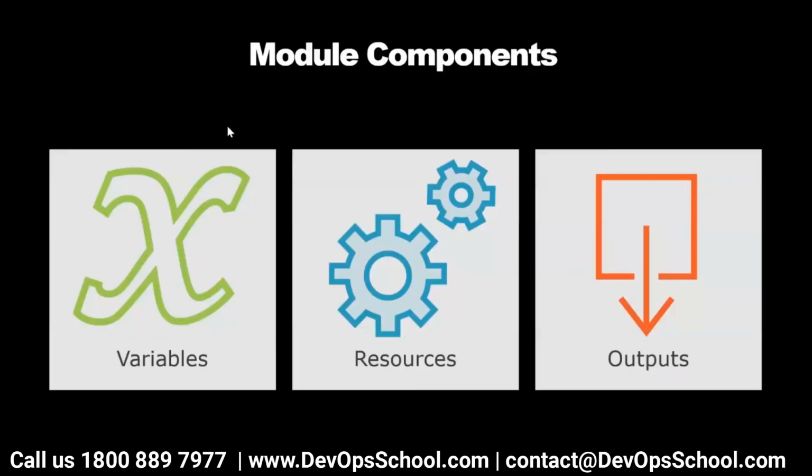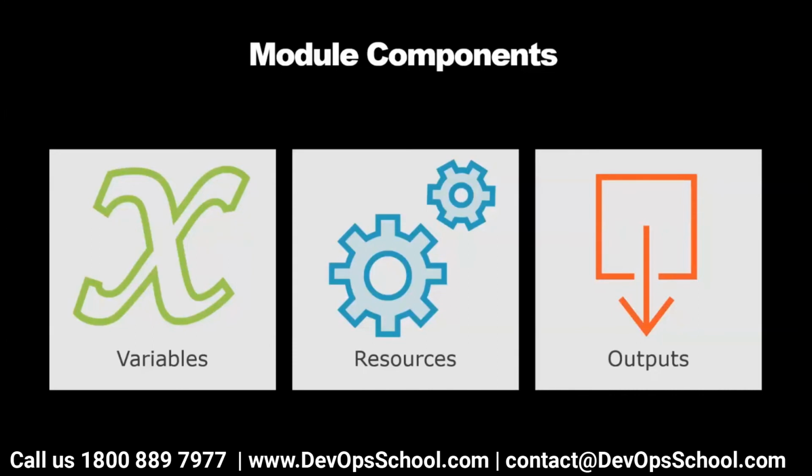So, a module, as I just said, is reusable code, shared at some place, which you can use. You can download modules from remote locations, or you can develop your own modules. Today I'm going to do both things.